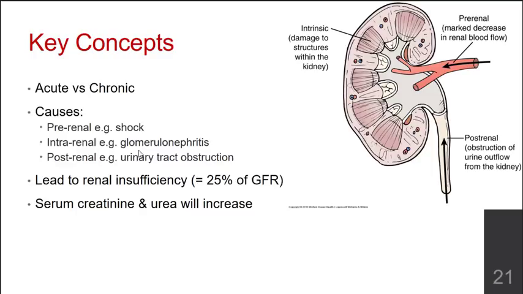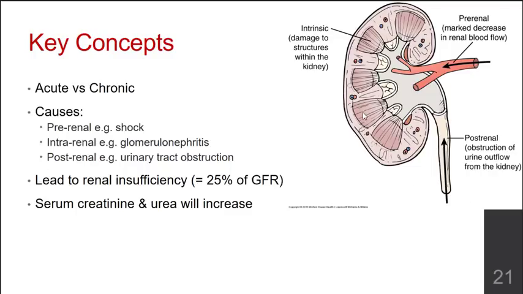Something could be wrong with the blood supply to the kidney, and that is called pre-renal. For example, shock. And there could be a problem in the urinary tract distal to the kidney, such as a urinary tract obstruction. So that's referred to as post-renal.